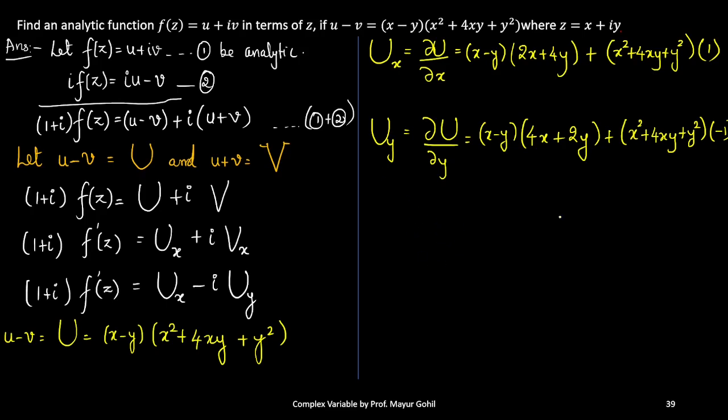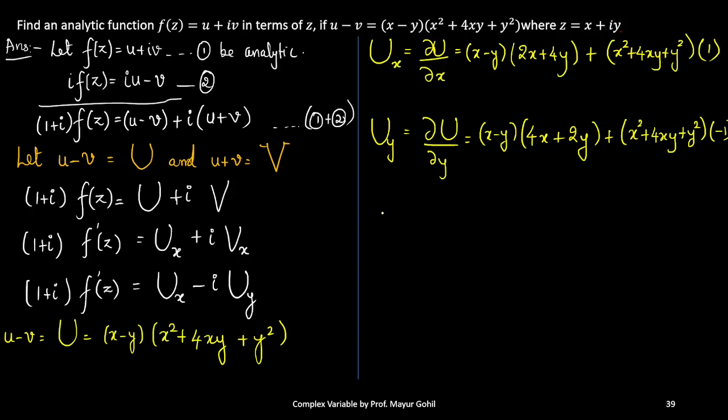Now that we have found these derivatives, we have to substitute here. We can avoid the labeling step and directly write it over here. I'm not going to label again and again, like putting x equals z and all that.